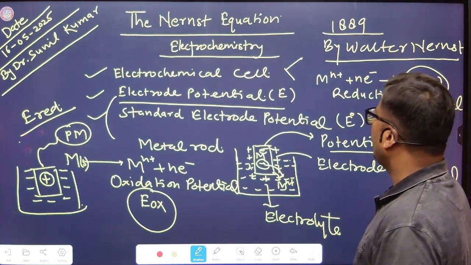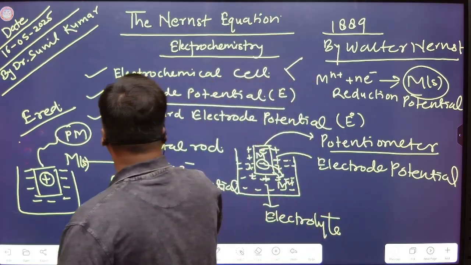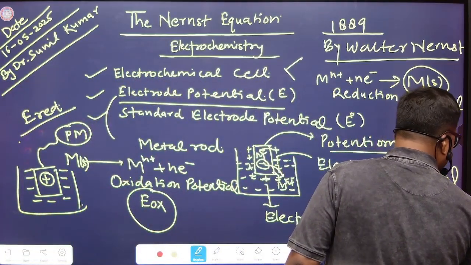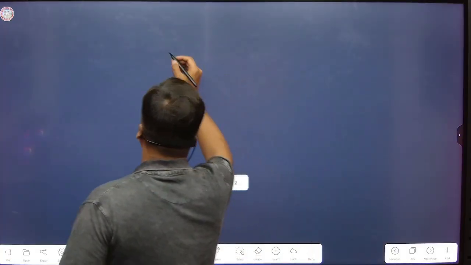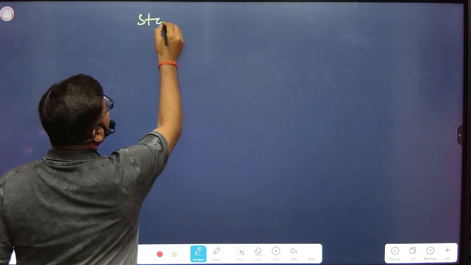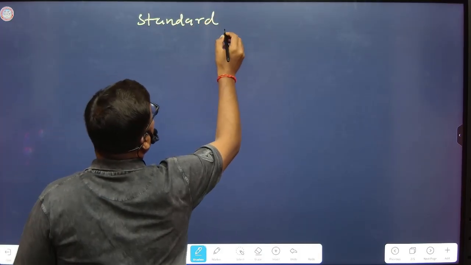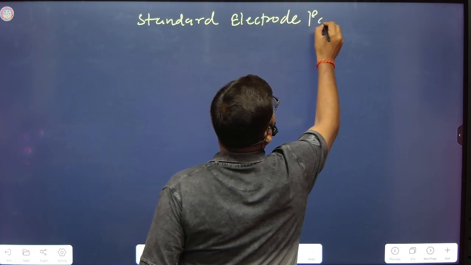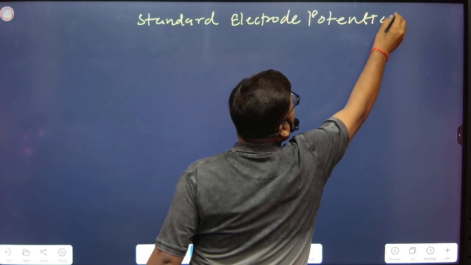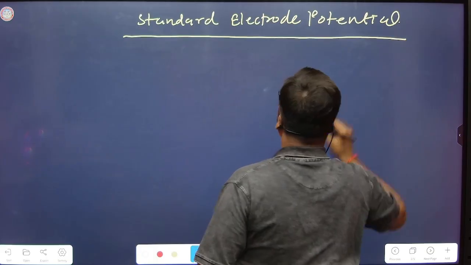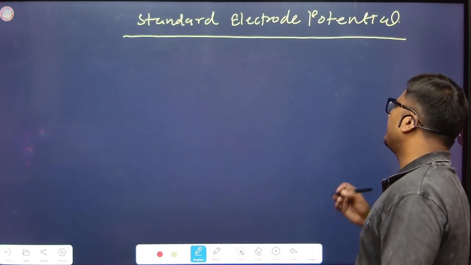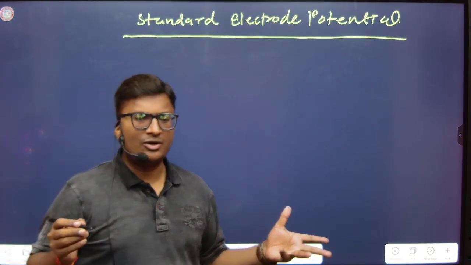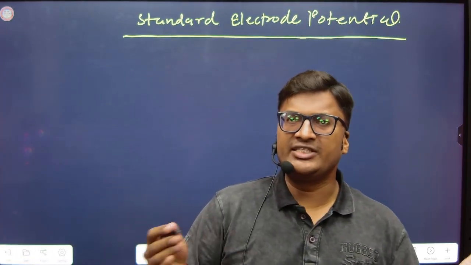Okay. Now the next point is, what is standard electrode potential? The definition is the same. The only difference is the condition at which we measure the potential of the electrodes.